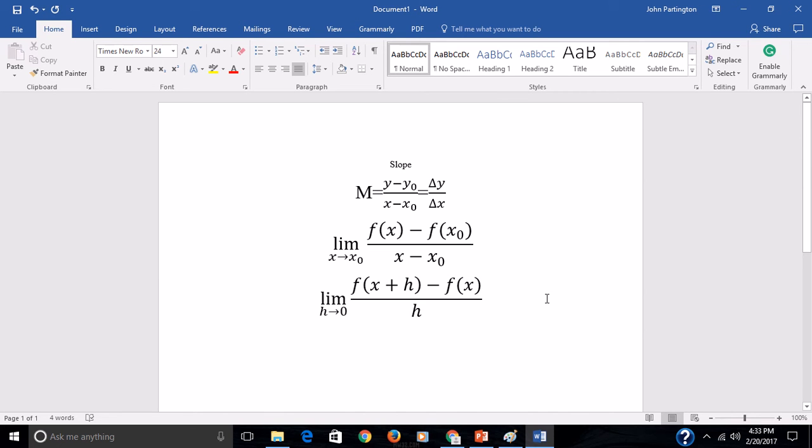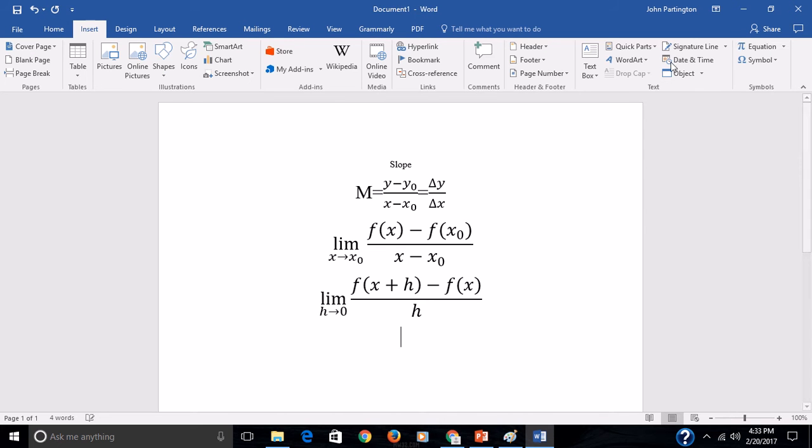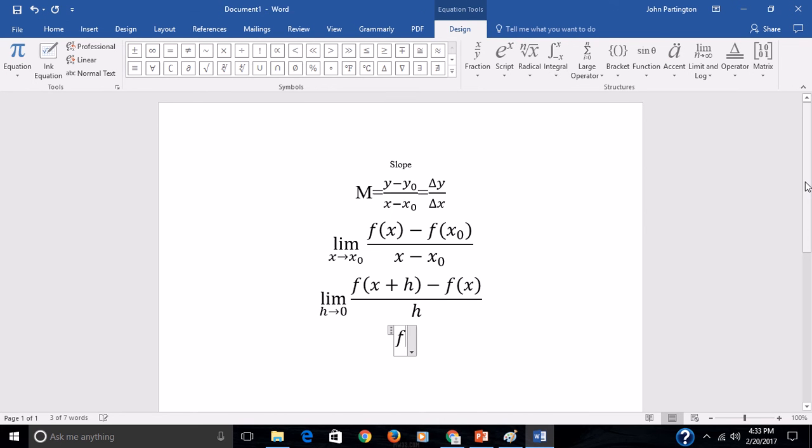So, we're going to try to find the slope of the function. We're going to have f of x equals, let's go with x squared minus 1.